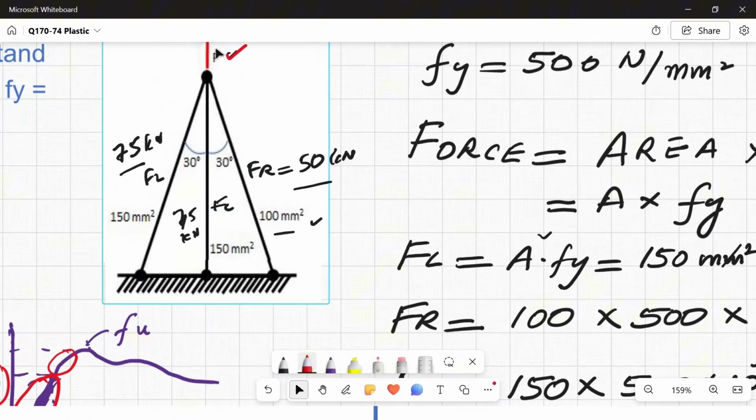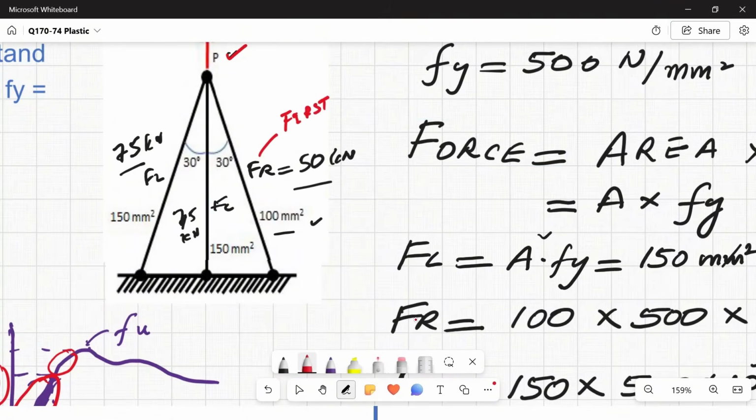So when we apply loading, the first member to fail is this one. When this member fails, then to maintain equilibrium, this member suddenly has to take loading from left and from right, so it will be failing as well.